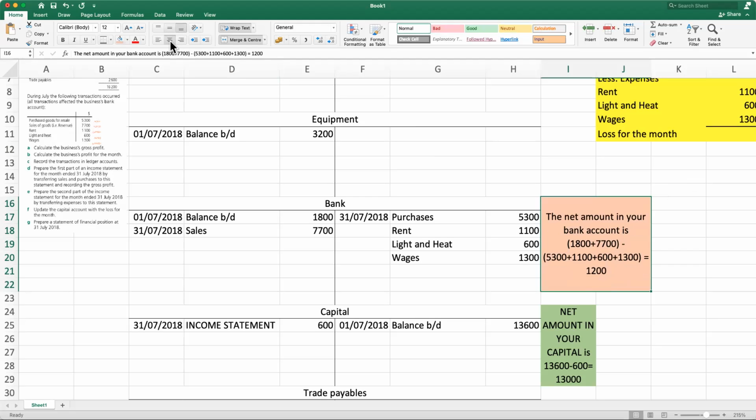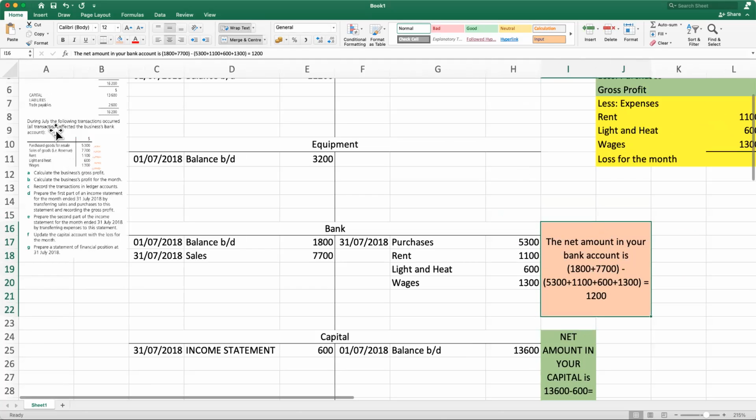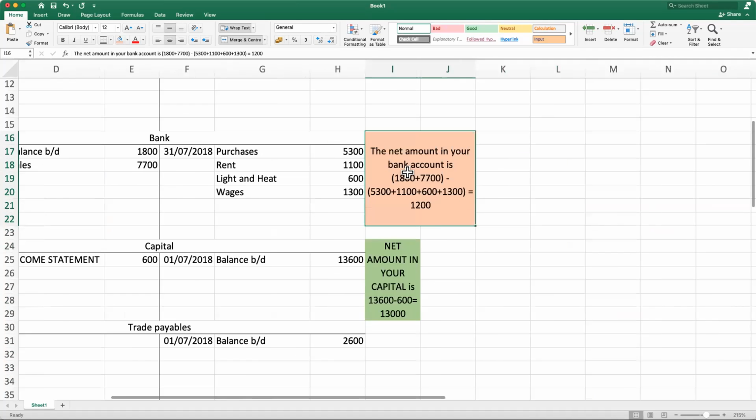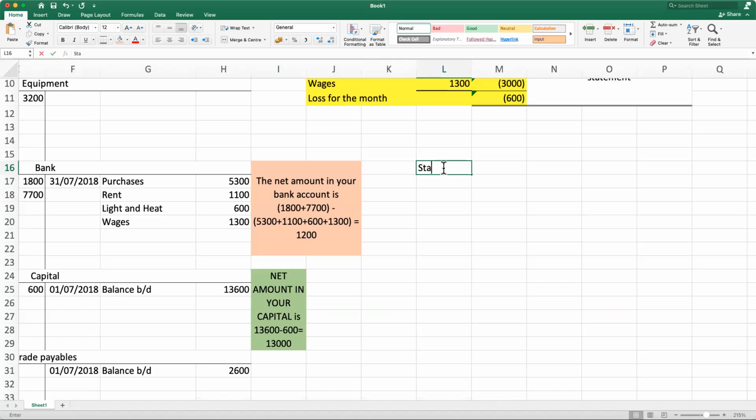Now, next one is we're going to do the statement of financial position. So it's the same thing as this, just that the numbers changed a little bit. So we're going to do statement of financial position as at 31st July 2018. You do not need to know how to write the format of the top or wording here because most of the time they're given to you.